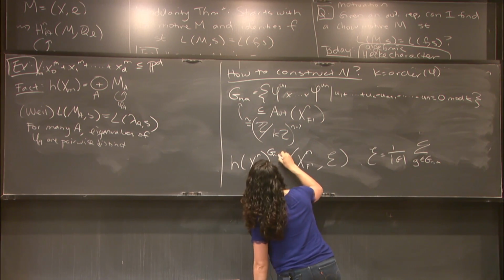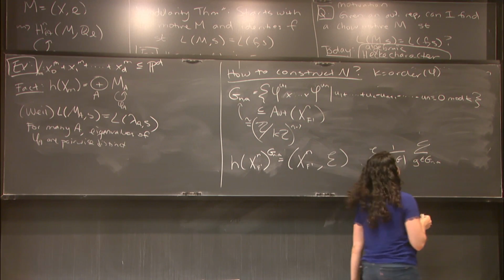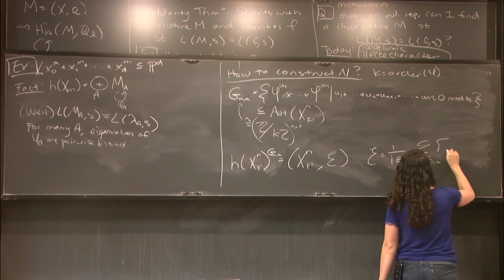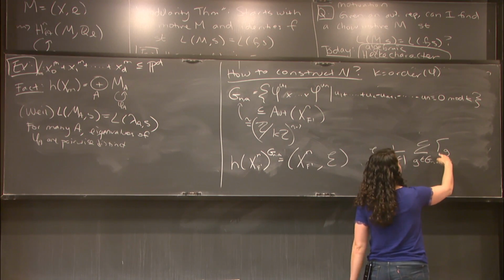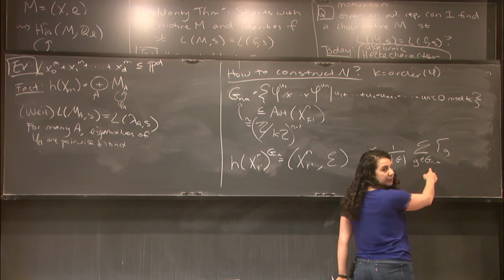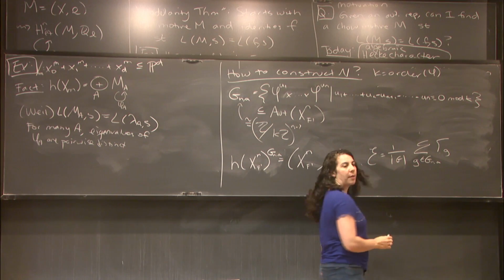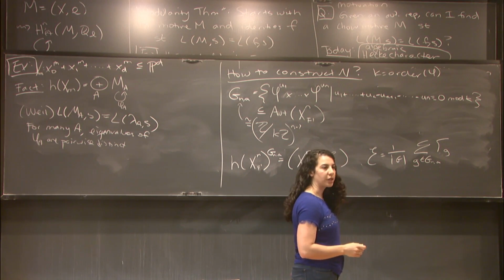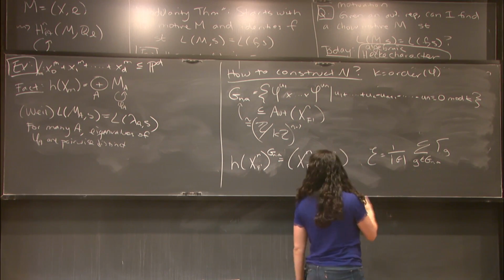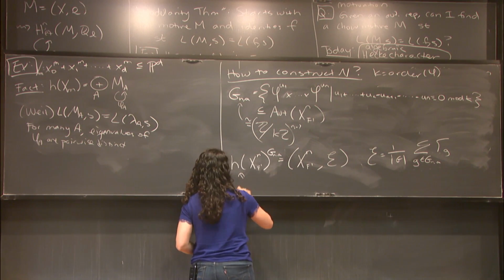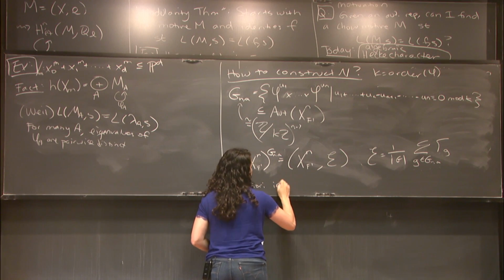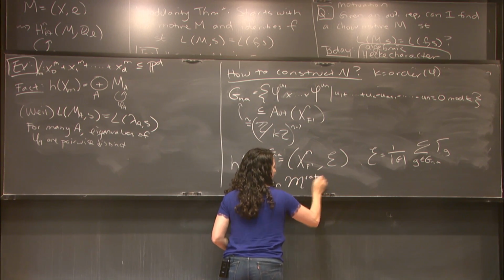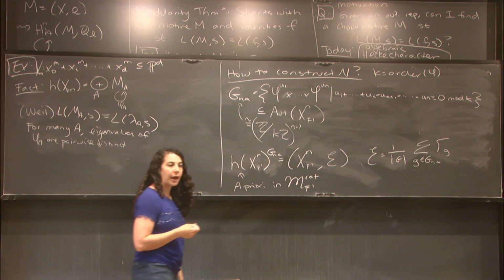This guy should come with this decoration, but I may sort of lose the decoration at some point. This is the graph of this element of G, right? So we're going to look at all the graphs of these elements of G and then just sum them up and divide by the order of G, right? And so a priori, this guy is only in the Chow motives over F prime, right?